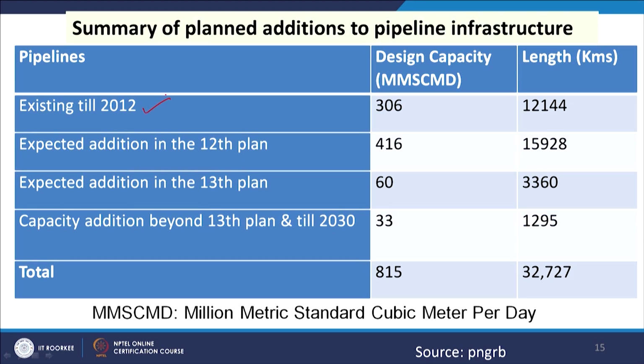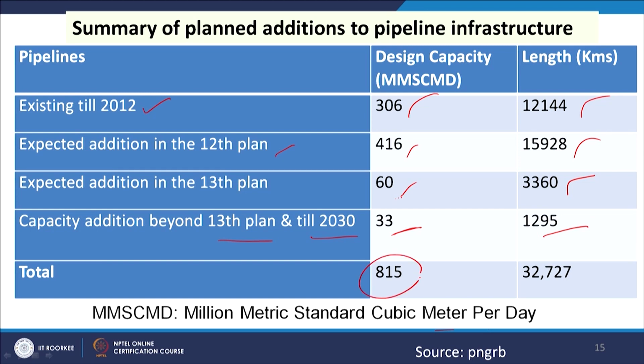Existing till 2012 we had 306 MMSCMD with length 12,144 kilometers, and then expected addition in the 12th plan was 15,928 kilometers. Expected addition in the 13th plan is design capacity 60 with 3,360 kilometers of pipeline addition, and beyond the 13th plan until 2030 there is 1295 kilometers of pipeline addition.